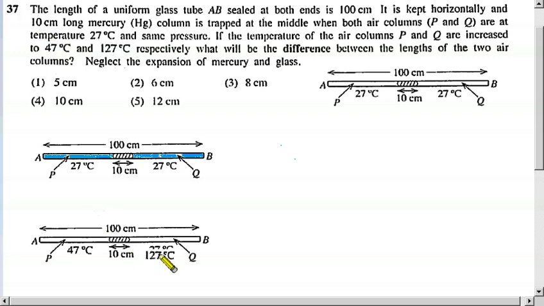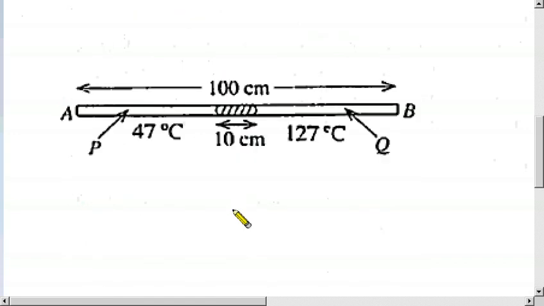So the right side is greater temperature wise, therefore the expansion is greater here, because the temperature is greater. I color it using red color. Since this side has lower temperature 47, therefore I use a light color.